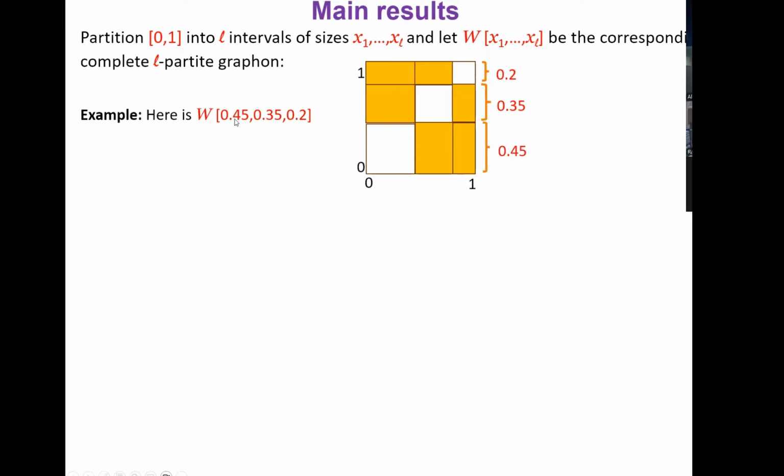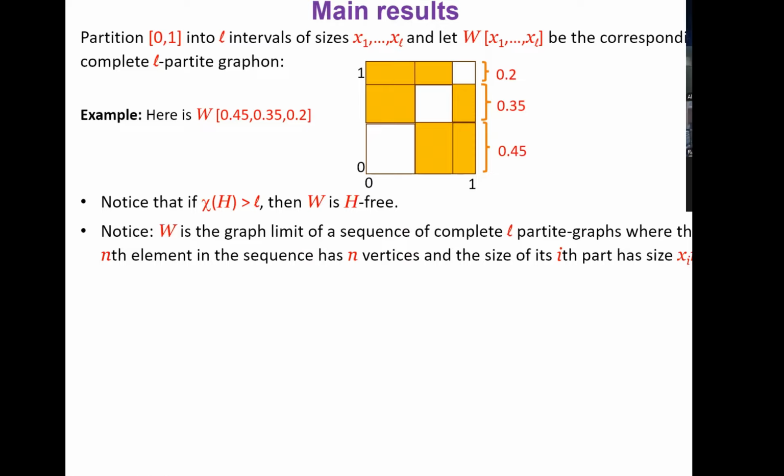This is why we call it an L-partite graphon. For example, here in this picture, this is the graphon 0.45, 0.35, and 0.2. And it's easy to see that if your graph H has chromatic number larger than the number of parts of the graphon, then W cannot contain H. For example, this cannot contain induced graphs with chromatic number 4, this example here.